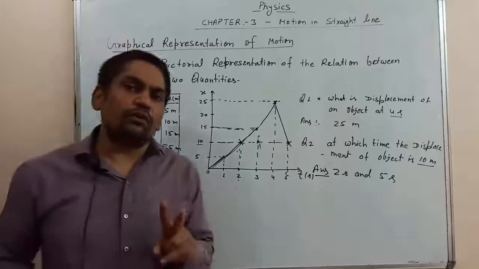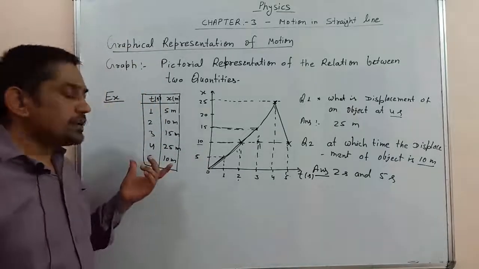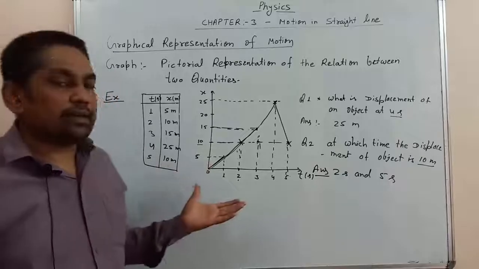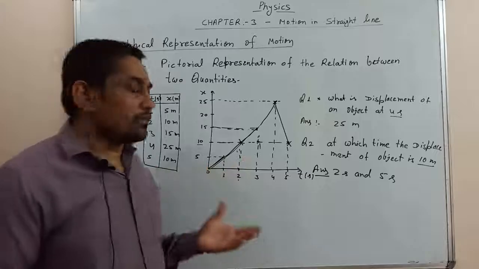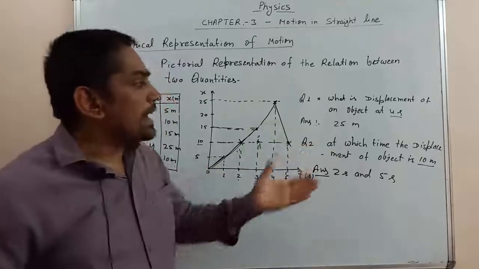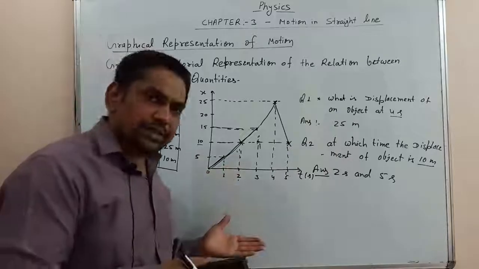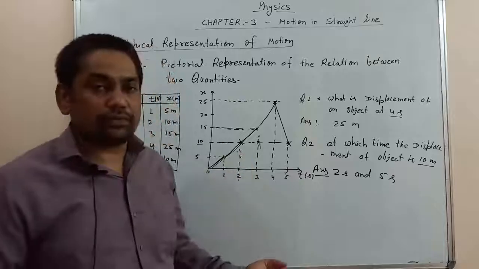So there are two kinds of questions that can be asked in the examination. First, the table is given and the examiner asks to draw a graph between these two quantities. And if the graph is given, the examiner asks about the data from the graph.